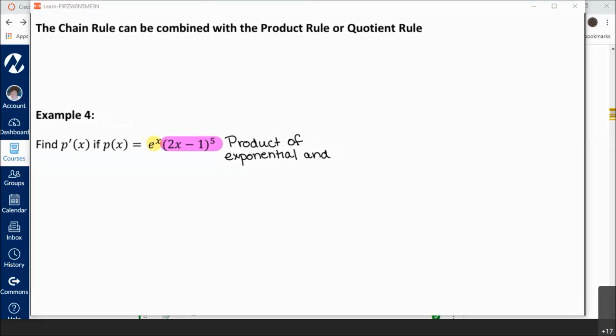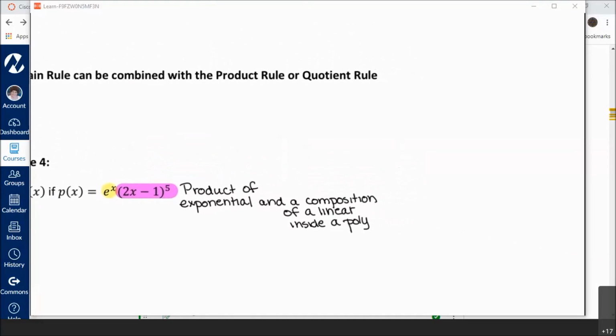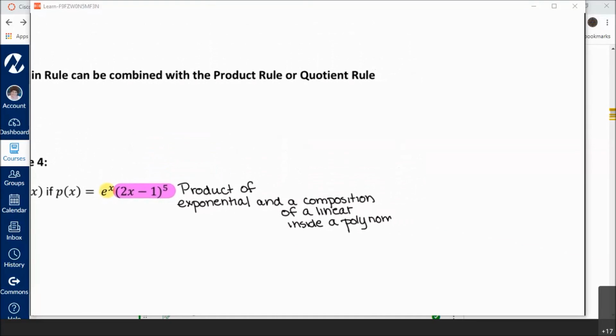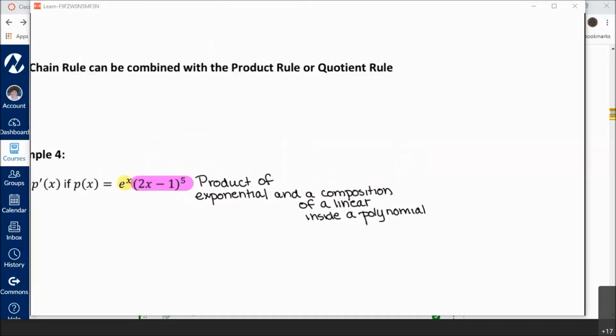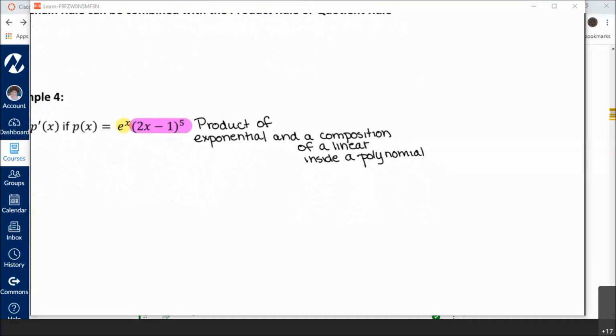Yes, it's a composition, a composition of a linear function inside a polynomial. Does everybody see that the pink thing that I've highlighted is a composition?